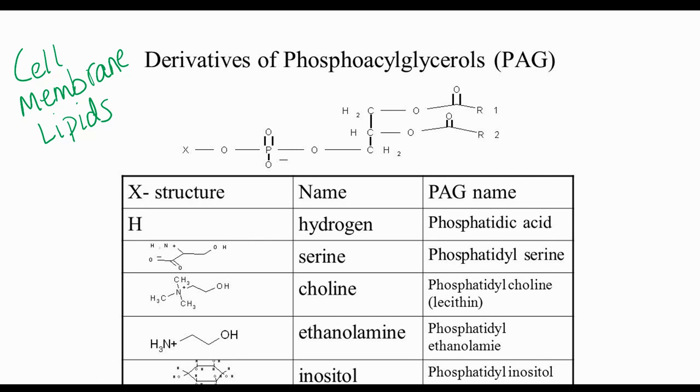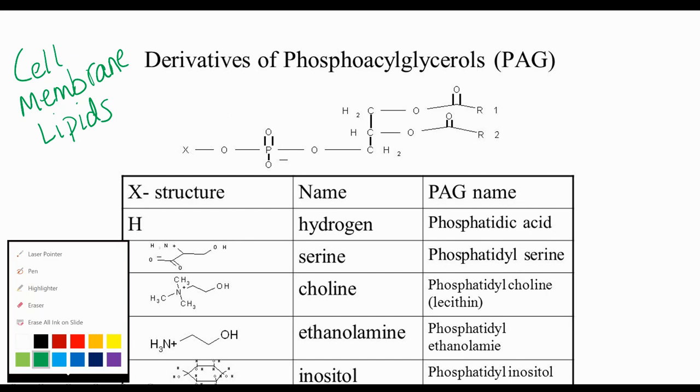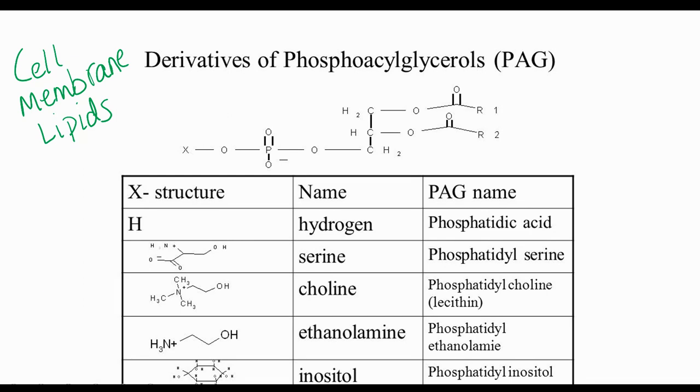So if you notice here, I'm going to grab the highlighter. Here's our glycerol backbone still. So that is still in the yellow. That is our glycerol. Okay, and I'll highlight that in yellow. So that's our glycerol.